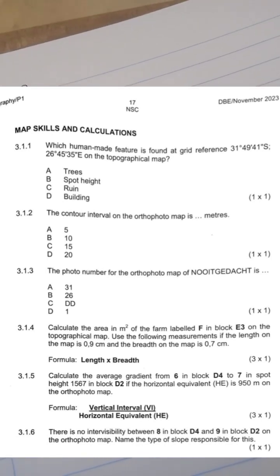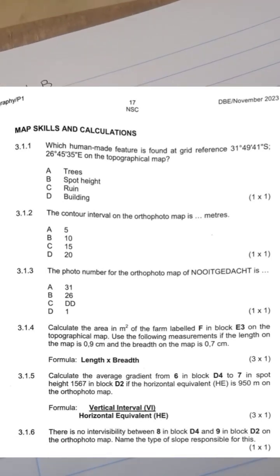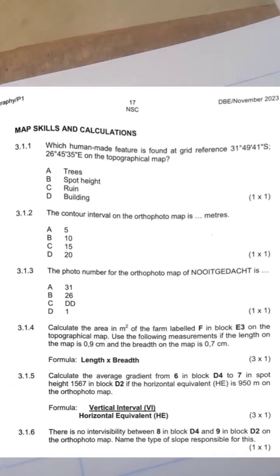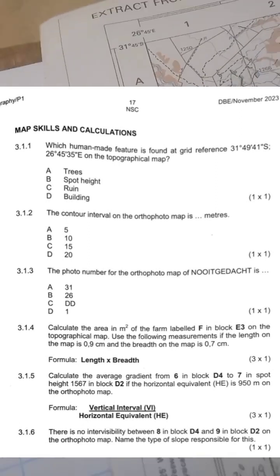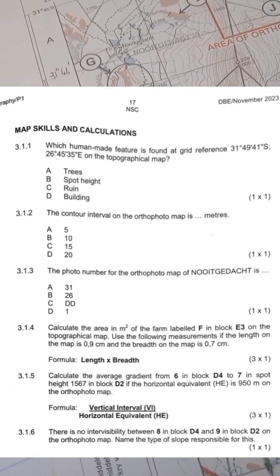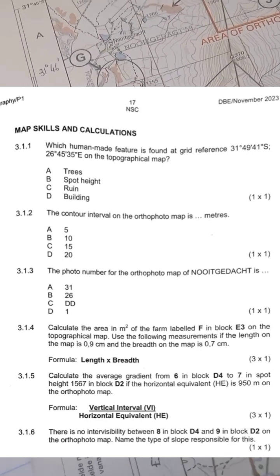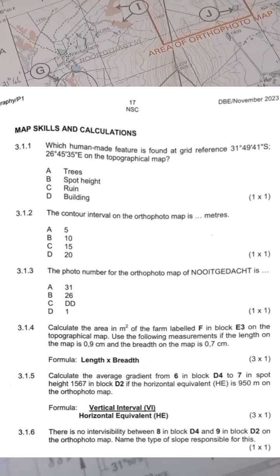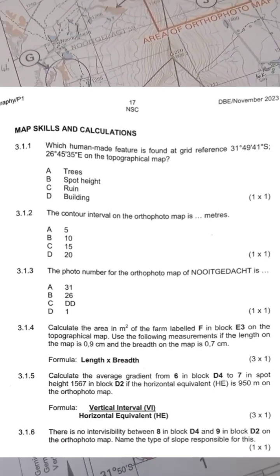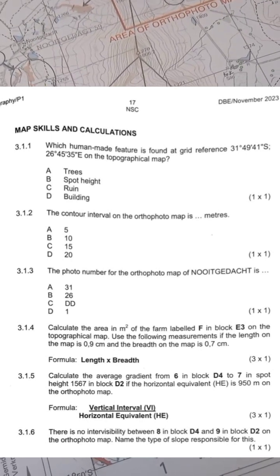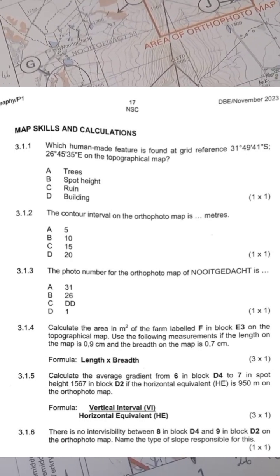So for 3.1.1, guys, I'm going with C, the ruin. It's not only because it makes sense from these options. I'm sure some of you looked at these options and said, okay, trees, no, I X that out because it's not even a human-made feature. Spot height, I think you should have gotten that.